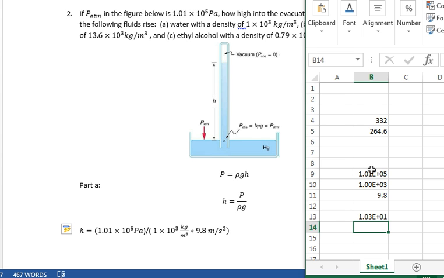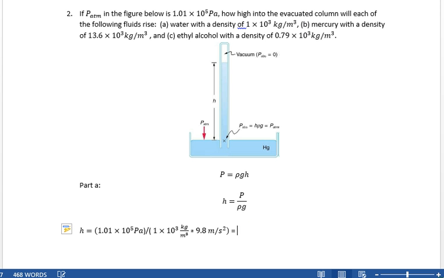So 10.3. And in this case, 10.3 meters. All right, so for water, 10.3 meters.